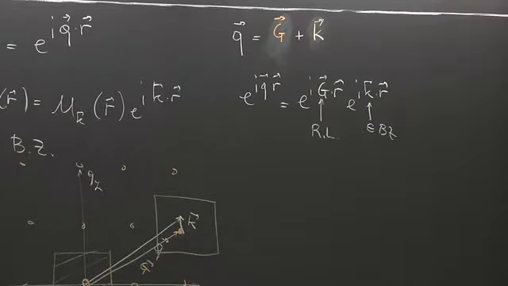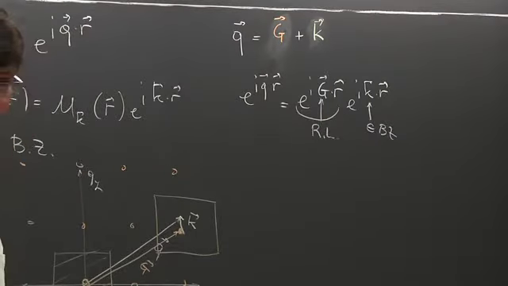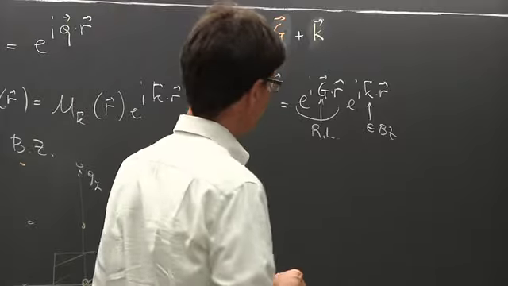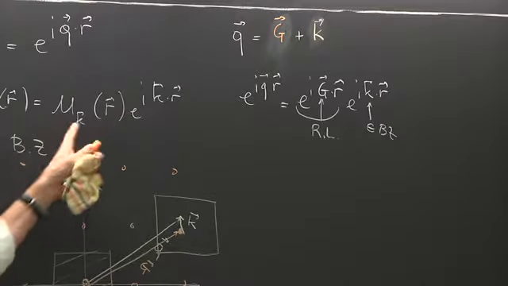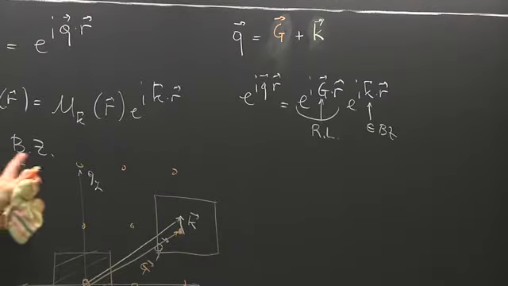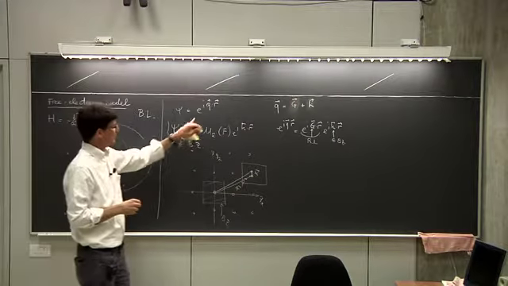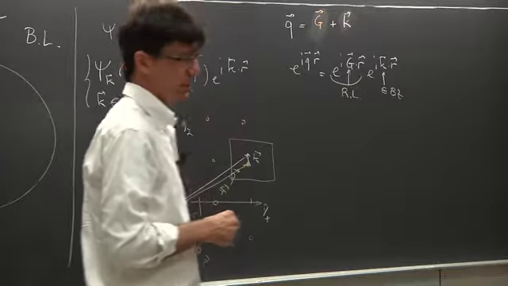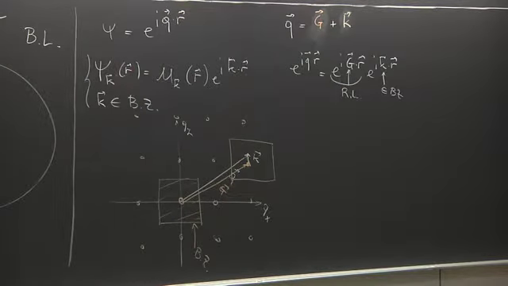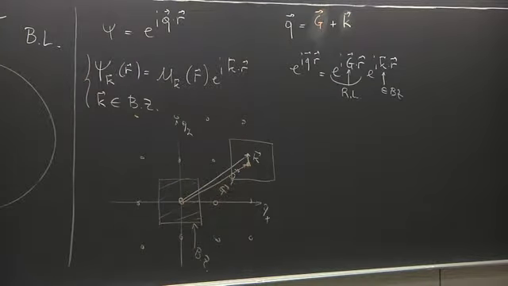But if G is a reciprocal lattice vector, what can I say about this function? It's periodic, with the same periodicity of the Bravais lattice. So in practice, I've written my wave function as a periodic part times a phase where K belongs to the Brillouin zone. So I have been able to write a generic plane wave into Bloch form by extracting out the periodic part and the phase, by just decomposing my vector Q in terms of the reciprocal lattice vector plus the vector inside the Brillouin zone.